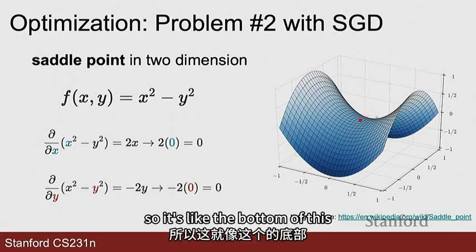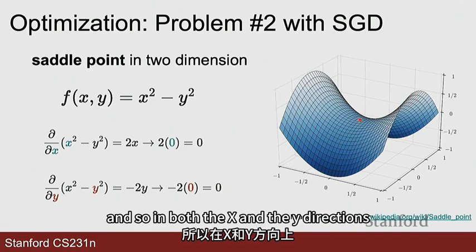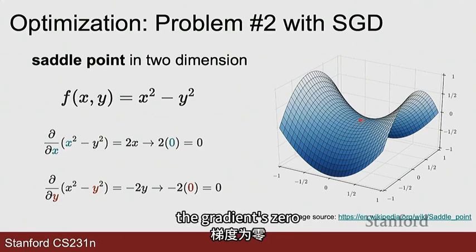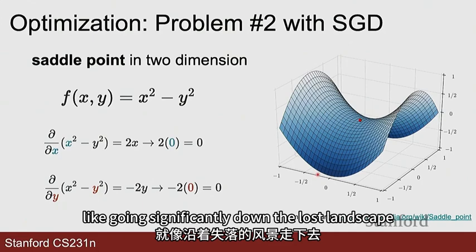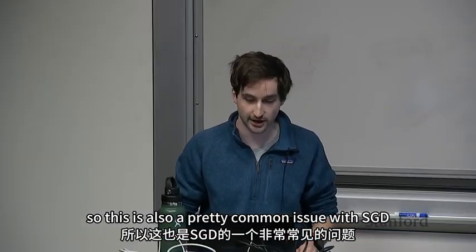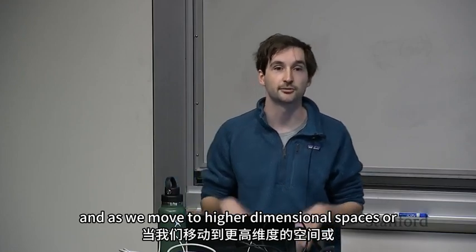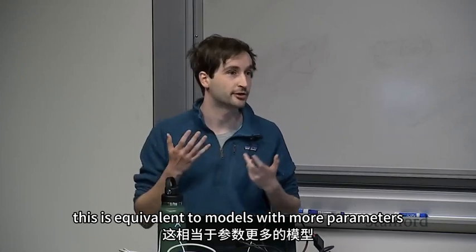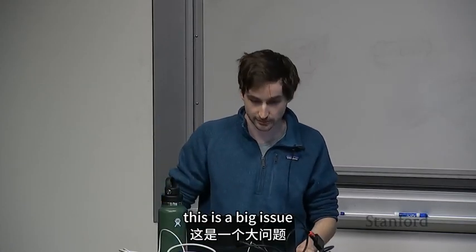So it's like the bottom of this and at the top of this sort of curvature. And so in both the x and the y directions, the gradient's 0. So you could get stuck here despite being very close to going significantly down the loss landscape on either side. So this is also a pretty common issue with SGD, where these saddle points, and as we move to higher dimensional spaces, or this is equivalent to models with more parameters, this is more and more common. This is a big issue.